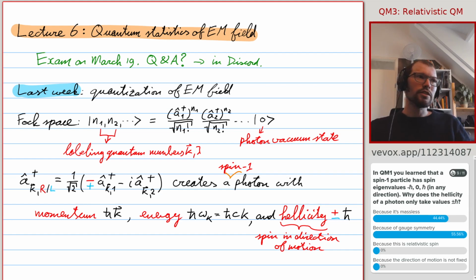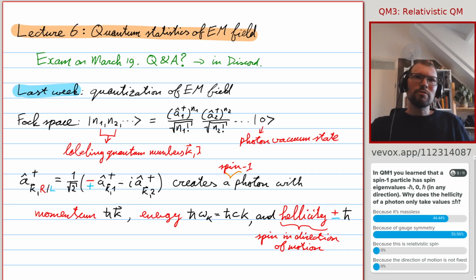Another way to think of this is, well, how can it be possible that we can forbid the 0 helicity state here? Because clearly this somehow depends on our reference frame, because we're looking at the spin in the direction of motion.